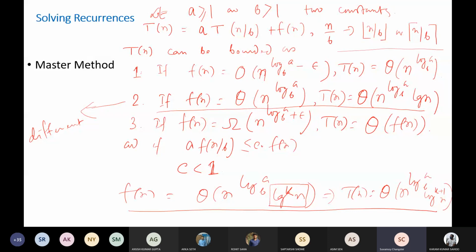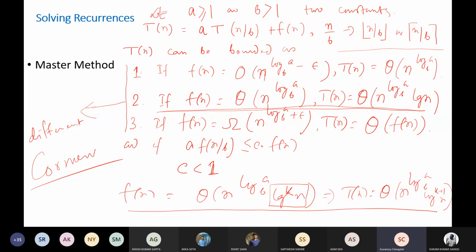Please read from the book by Coleman or any other textbook, because whatever you will get online is the modified or simplified form of the master method. But the actual master method, and the proof that we will do, is on the basis of this one. Check the book by Coleman and others, whatever CLRS or something people say, the first letters of all the names.